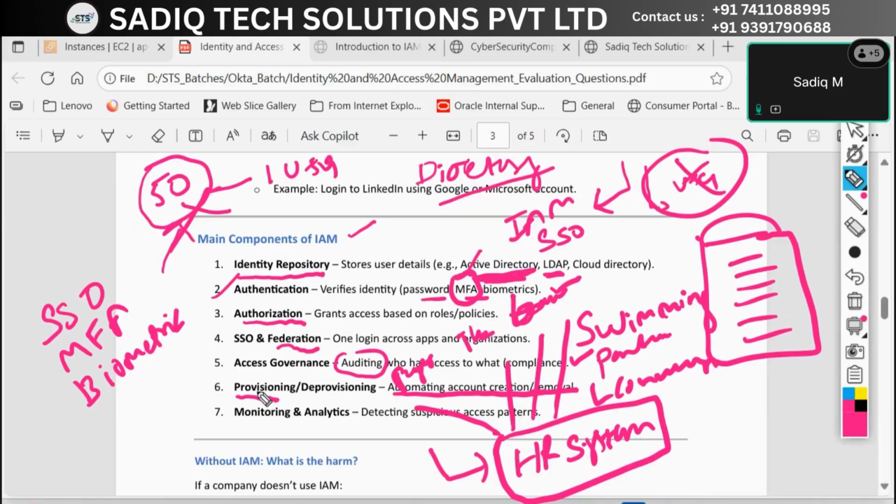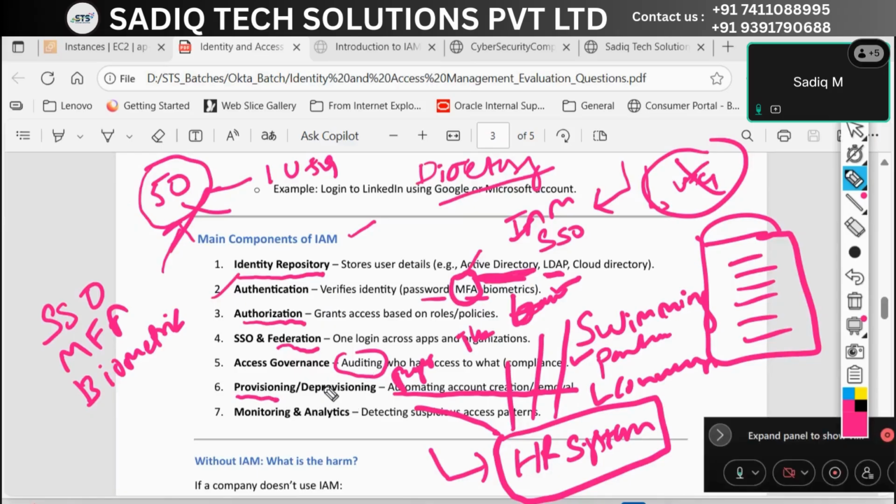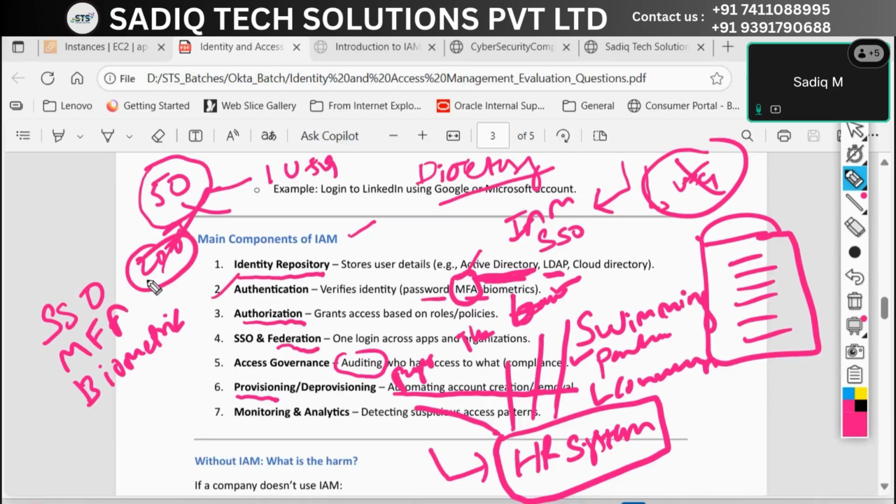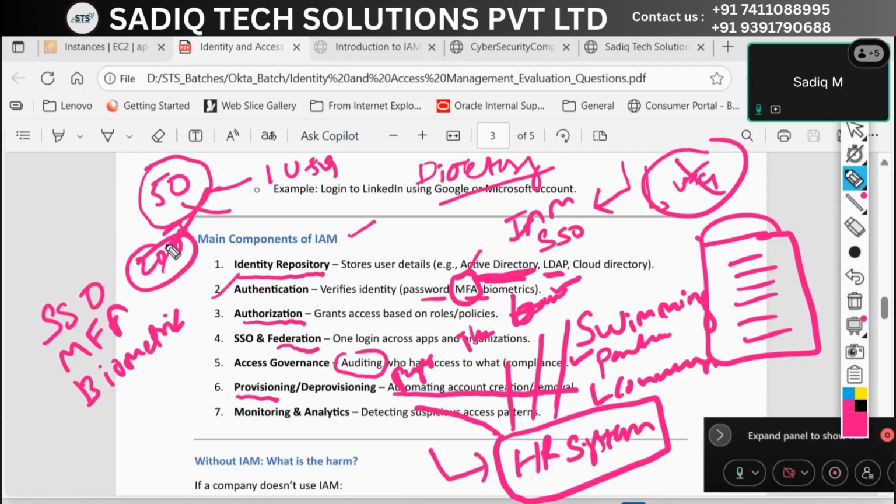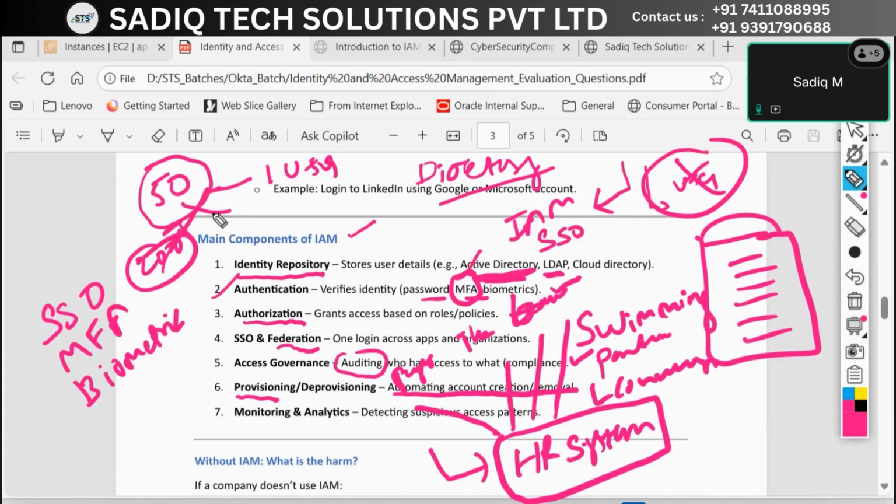So provisioning and deprovisioning before IAM was very hectic. If 200 users left the organization at a time, with 50 applications, that is 200 into 50, each and every application admin has to go and delete the user accounts manually one by one.